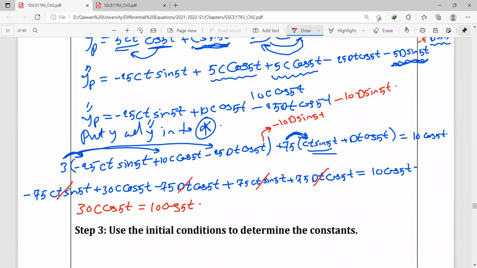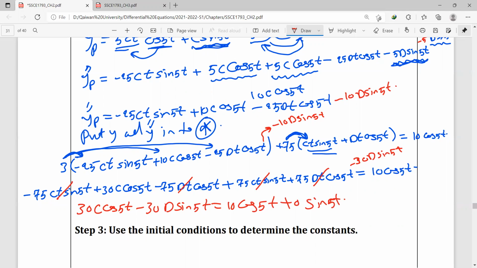And here also you have minus 30. As you see it's minus 10, if you multiply by 3 it's minus 30D sine 5t. And you also here have minus 30D sine 5t. It equals to 10 cosine 5t plus 0 sine 5t.